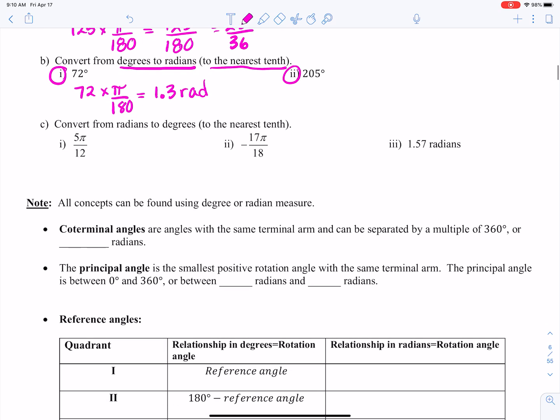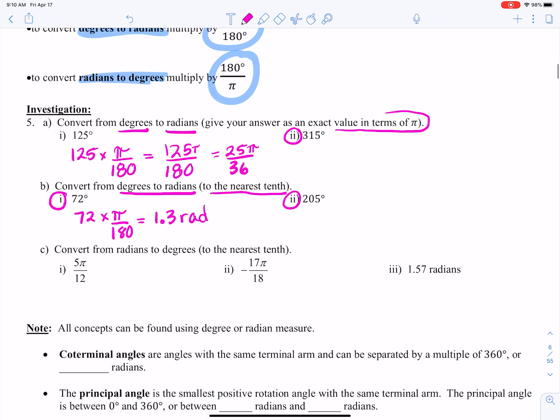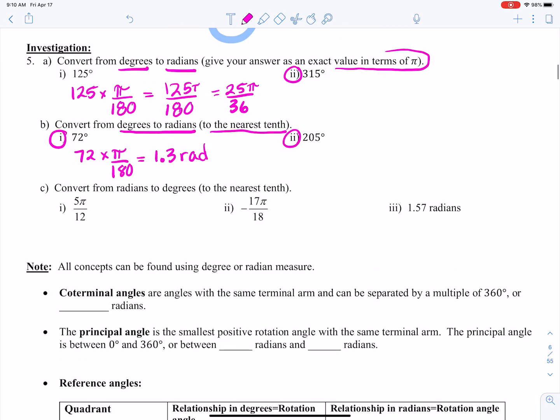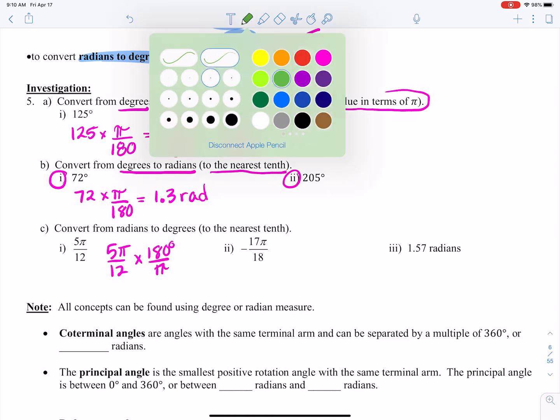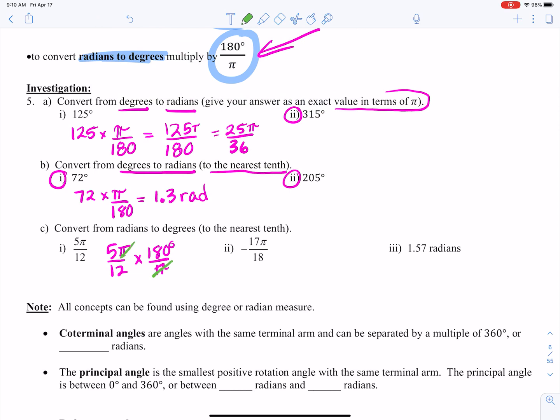Okay, now we're going to go from radians to degrees. So I'm going to use this relationship up here, and I'm going to take 5 pi over 12, and I'm going to times it by 180 over pi. And if you take a look, the pi's actually cancel out here.